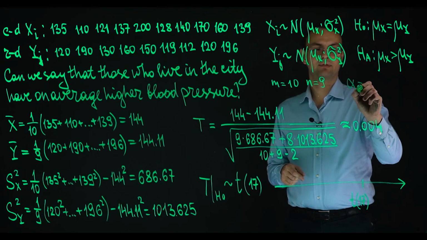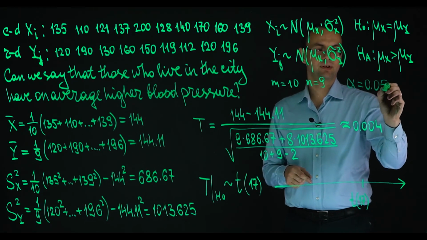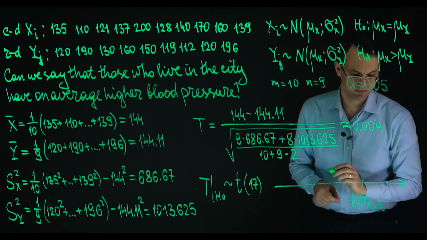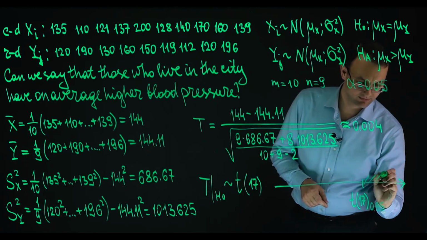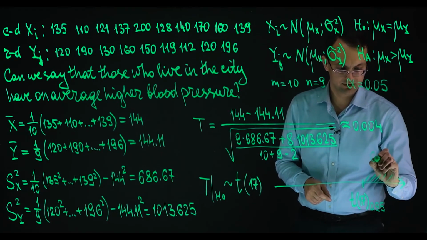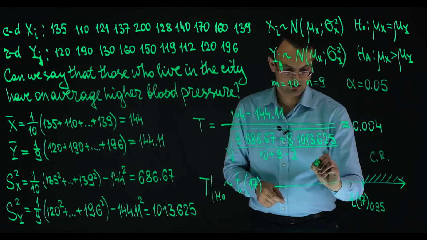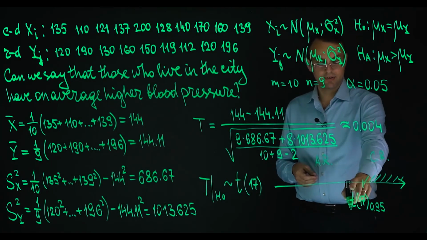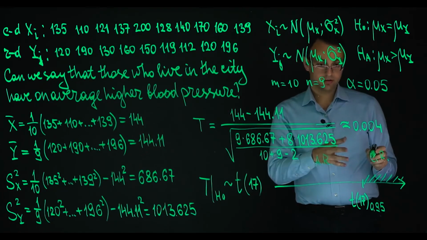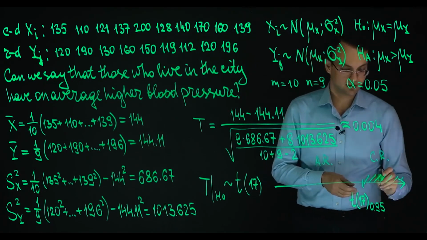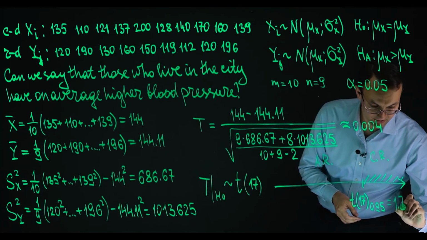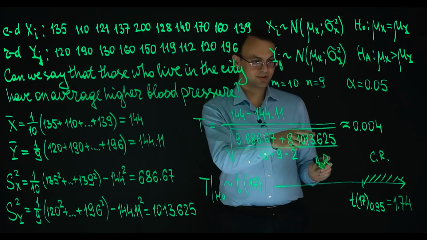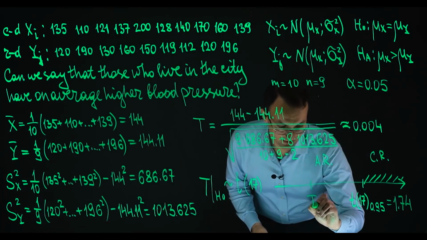Let us assume alpha, the standard one, 0.05. So of the level 0.95. So we have the critical region to the right and the acceptance region to the left of the quantile. And the quantile can be found in the table, and the quantile is 1.74.